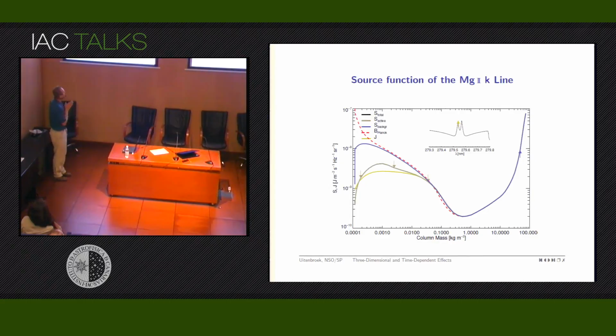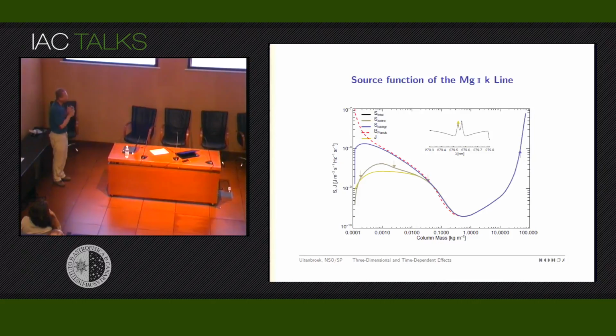And now the upper level of this transition can no longer be maintained at the level that would be required for local conditions. And therefore the source function drops below the Planck function. And therefore we have an intensity which is not necessarily related to the local temperature, to the local conditions, but is also determined by a radiation field that comes from a different place in the atmosphere.